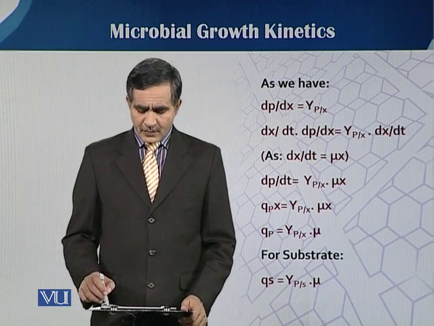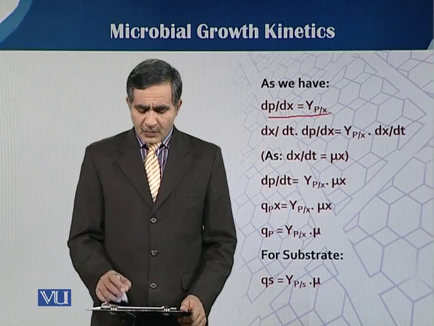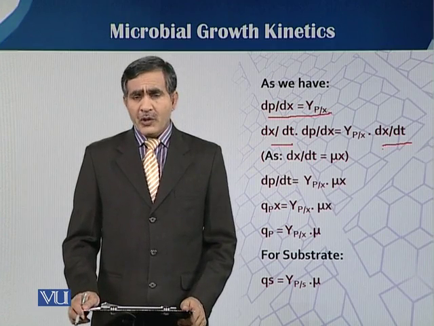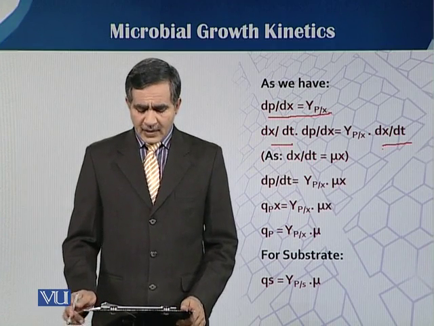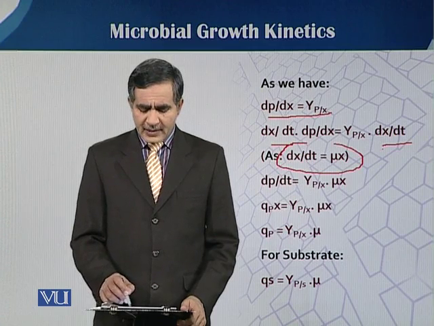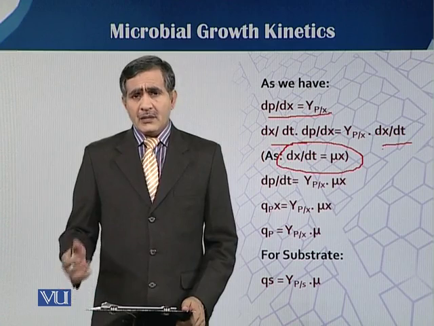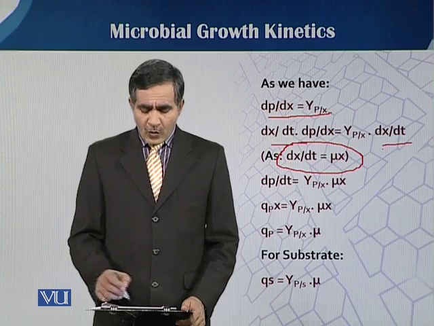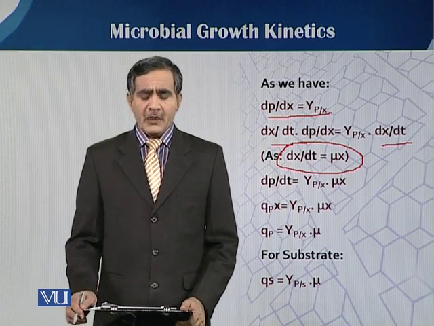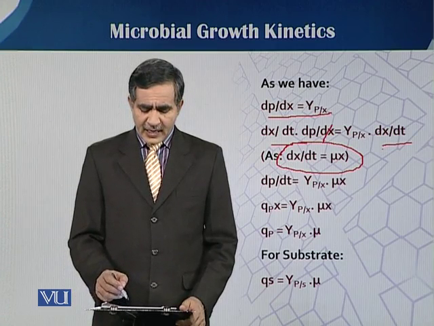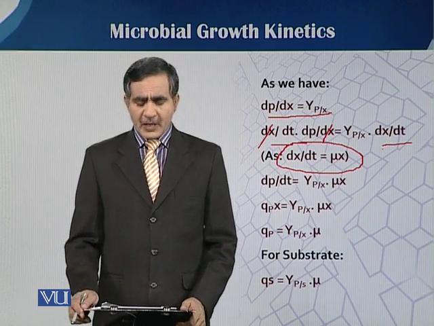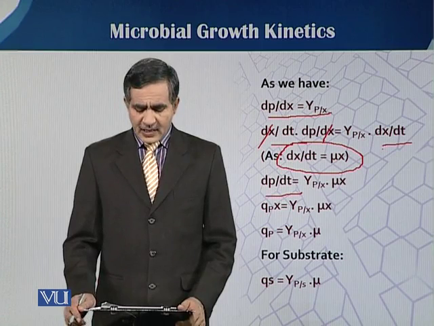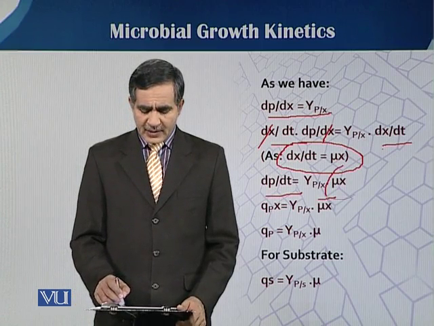If we multiply this equation on both sides by dx over dt, and we know that dx over dt is equal to mu x, as we have discussed in previous modules, then dx can easily be cancelled, and the overall equation will be dP over dt is equal to Yp over x and mu x.